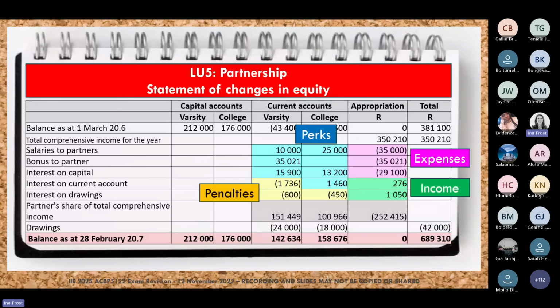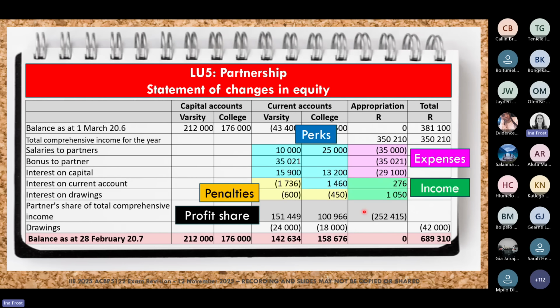Then, if it is a penalty for the partner, it means it will be income in the hands of the partnership. And so the income is without brackets, but the penalty is with the brackets. And then the last numbers are our profit share numbers.